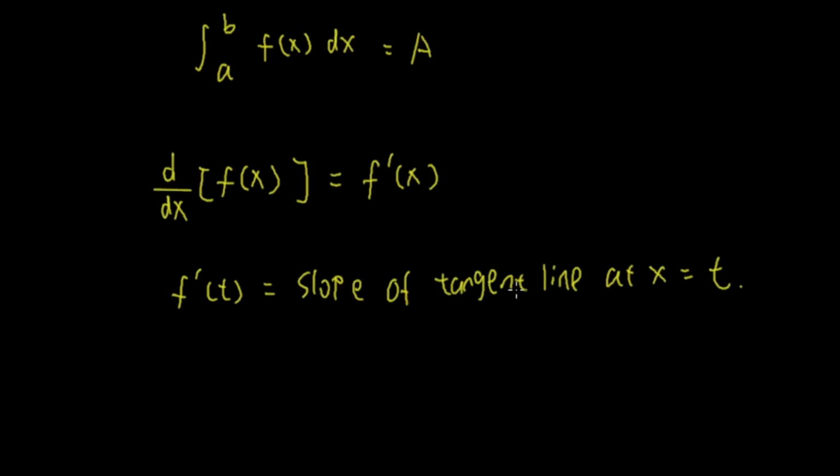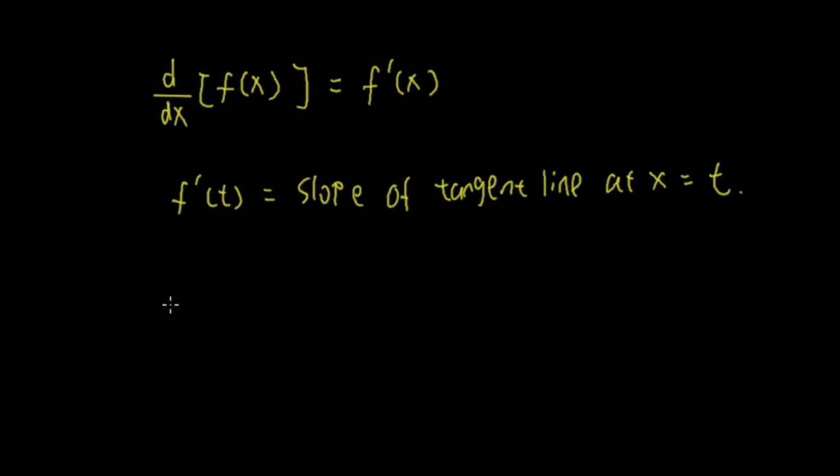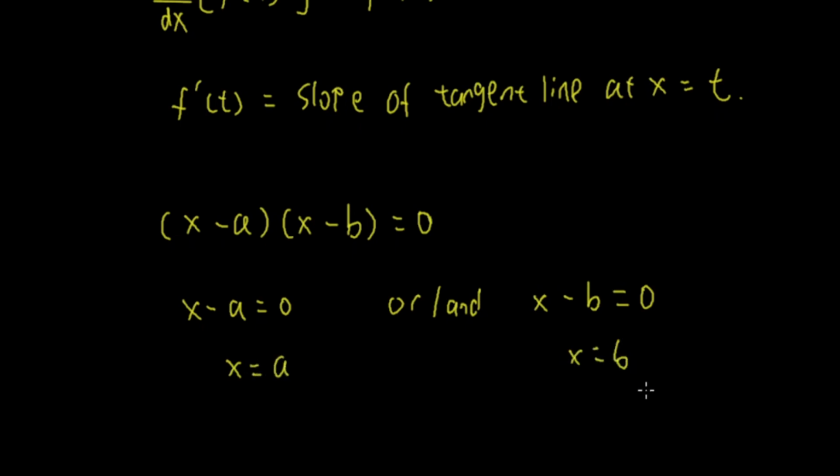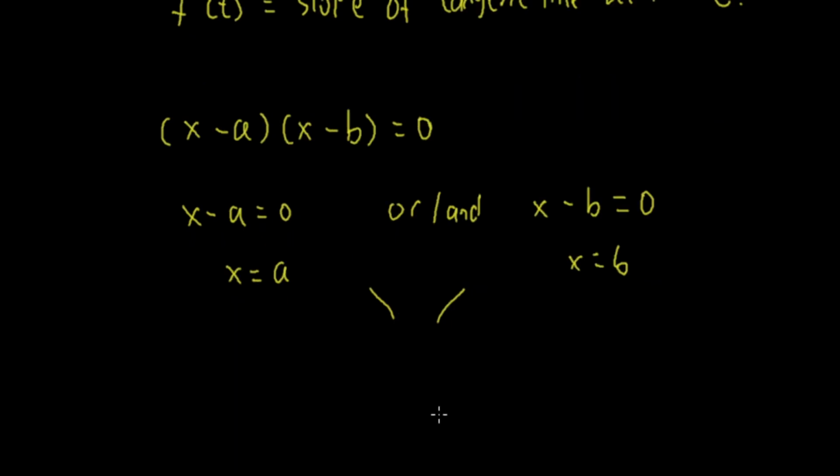So if I have (x minus a) times (x minus b) equal to 0, then we have x minus a equal to 0 or x minus b equal to 0. Then x is equal to a, x is equal to b. These are the x-intercepts here, right? Okay, let me write this. The x-intercepts.